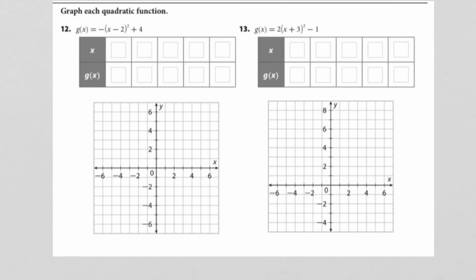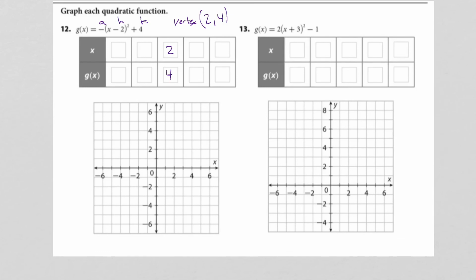And this paragraph here basically just describes that process. So now let's check it out in practice. We know the vertex of this function is going to be 2, 4, because that's h, that's k, there's a. If our vertex is 2, 4, that's a good place to start in the middle.